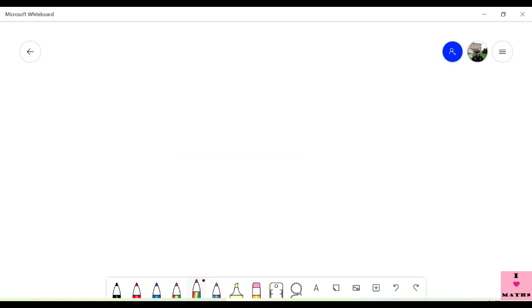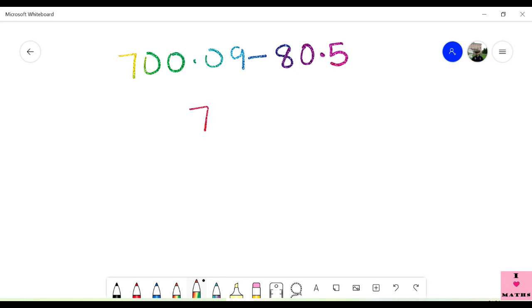One last example we will take. This is 700.09 minus 80.5. Now 700.09, 80.5.